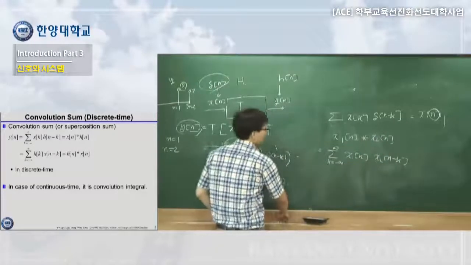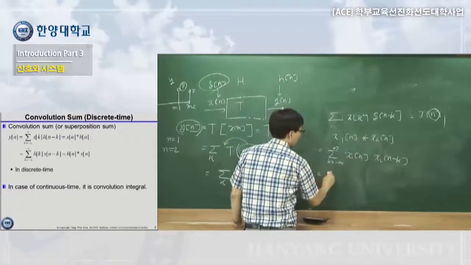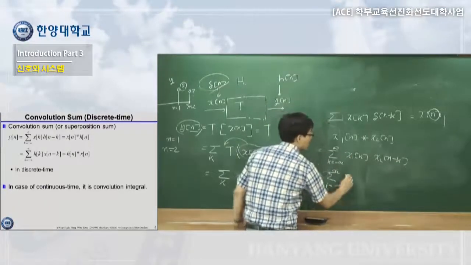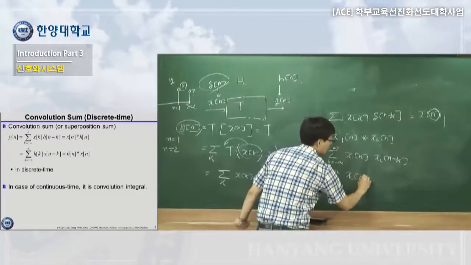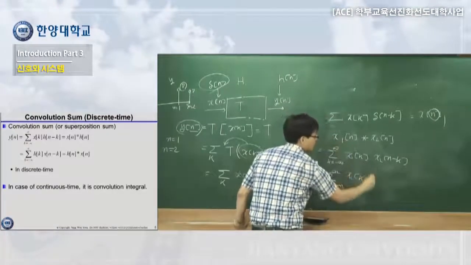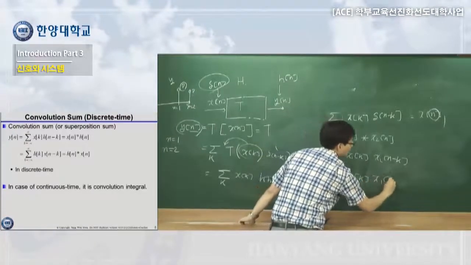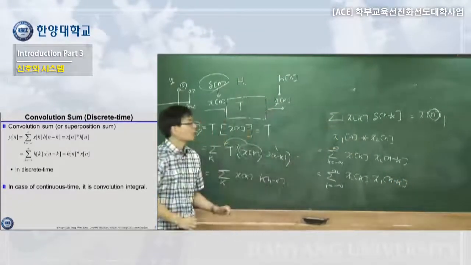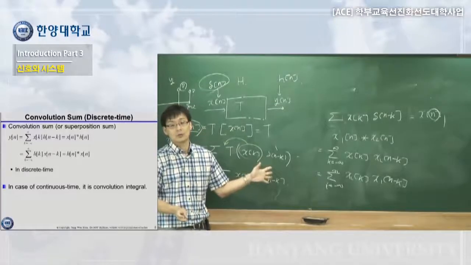Likewise, if you happen to pick the second one first, it does not matter. You just put them the same way from minus infinity to infinity: x2 of k, and the first one, which is left over, as n minus k. So this is the definition of convolution.